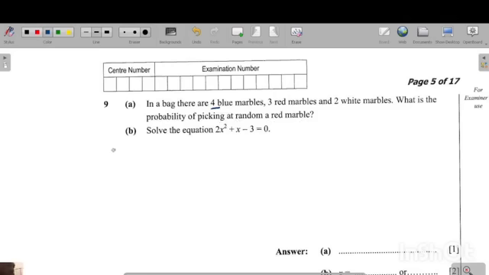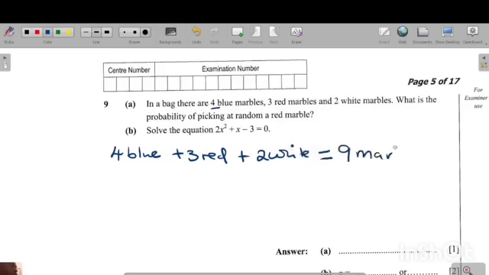So what you have to know first of all is that in this bag there are 4 blue plus 3 red plus 2 white is equal to 9 marbles. Okay? Now they want you to find the probability of picking a red marble at random. Alright, so a red marble, how many red marbles are there? We have 3 red marbles.